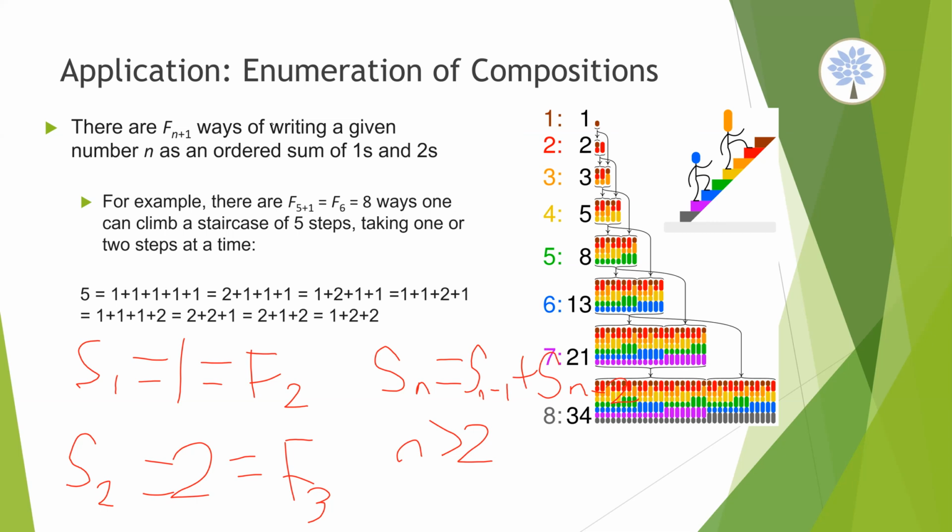Summing them up, assuming that the Fibonacci relation holds for n minus 1 and n minus 2 steps, results in Fn plus 1 ways to climb n steps. You can see that the sequence of step counts is simply a shift by one from the Fibonacci sequence.